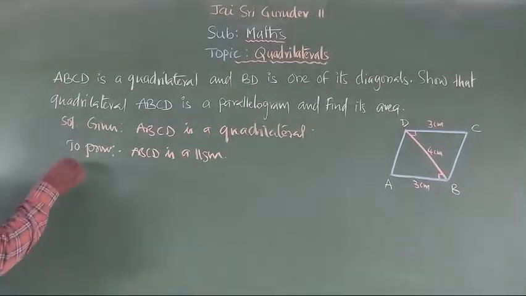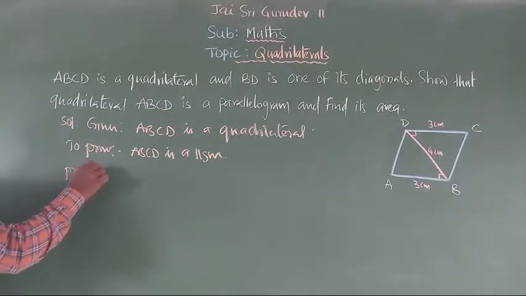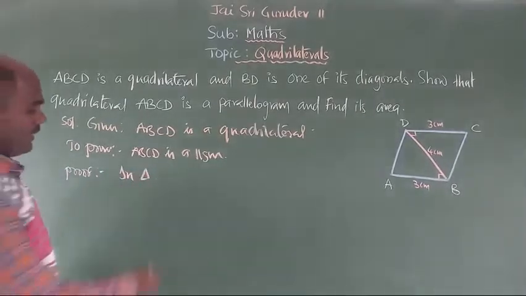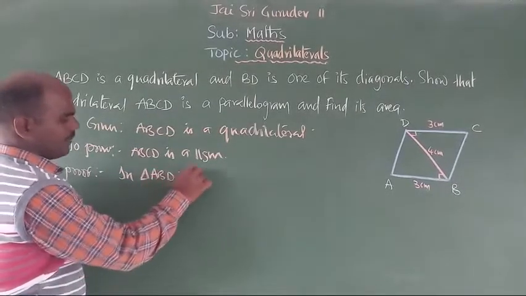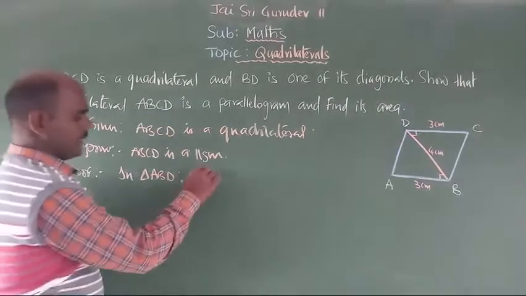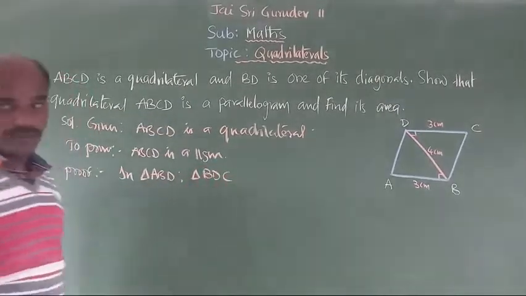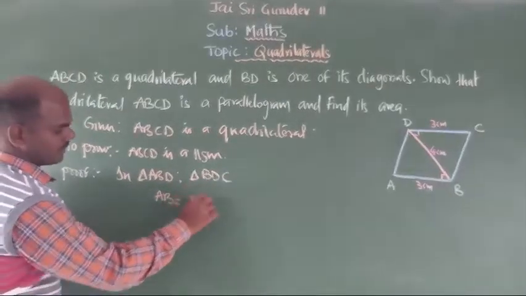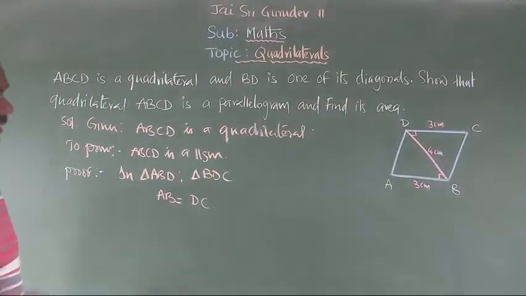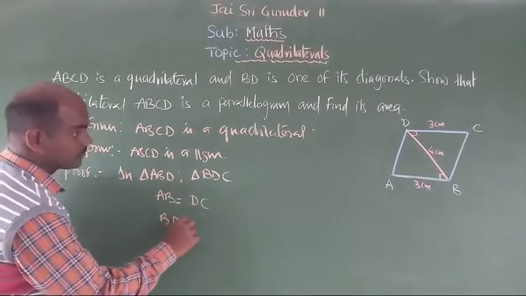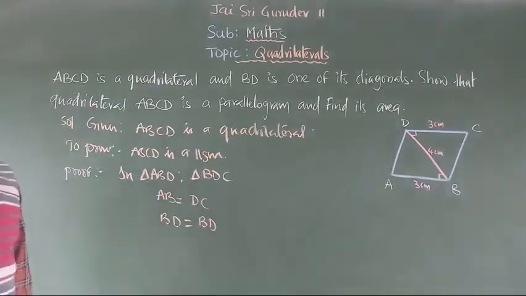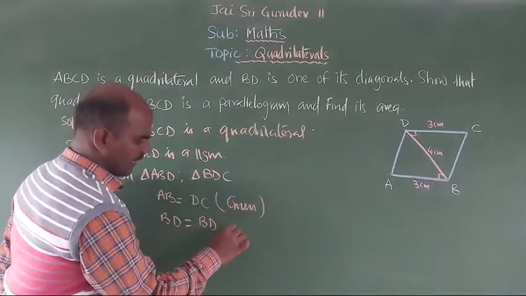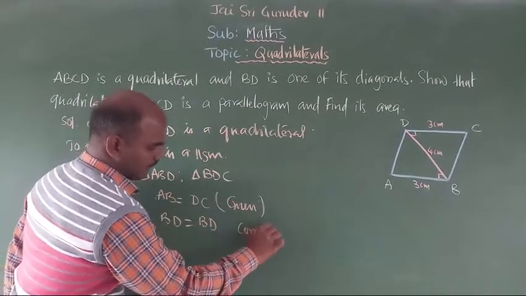So then in the proof, in triangle ABD and triangle BDC, AB is equal to DC or CD, as well as BD is equal to BD. Okay, it is a common side. Yes. So it is a given condition, and it is a common side.